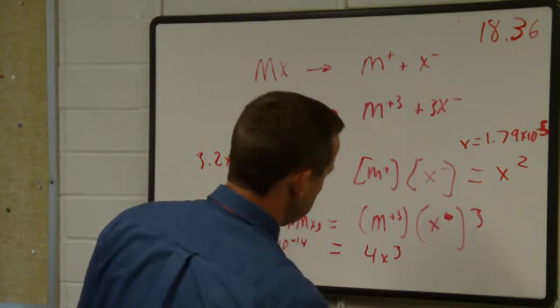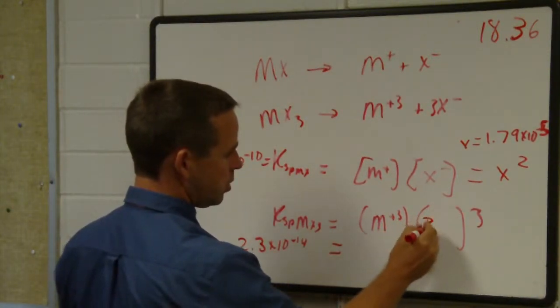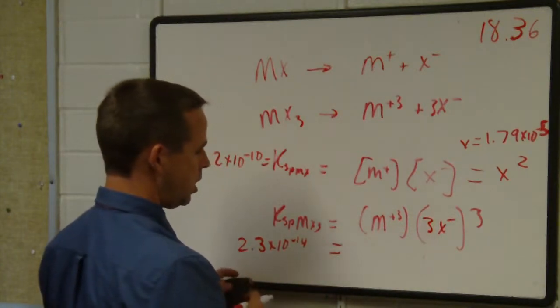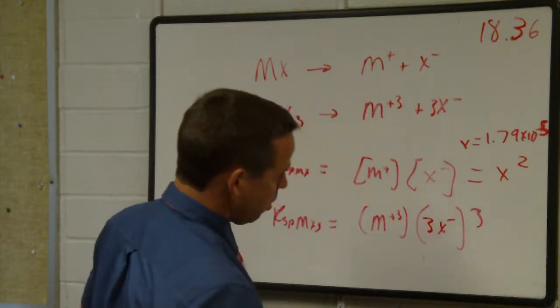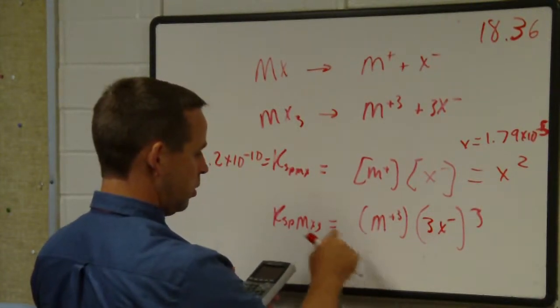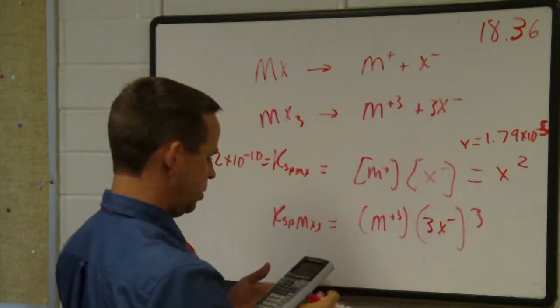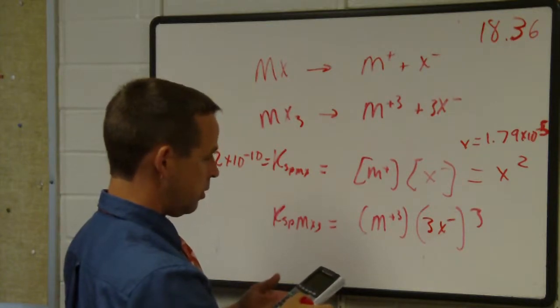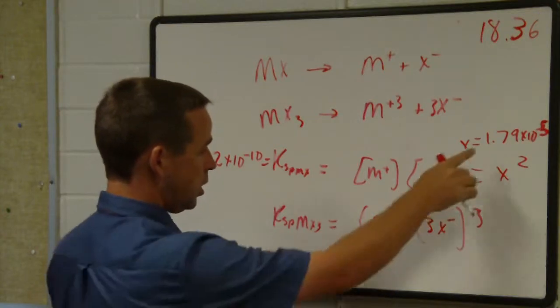Oh, no. This concentration here is going to be 3 times x, right? So the value that goes into here, well, let's multiply it 3 times. So the value is 1.79 times 10 to the minus 5.